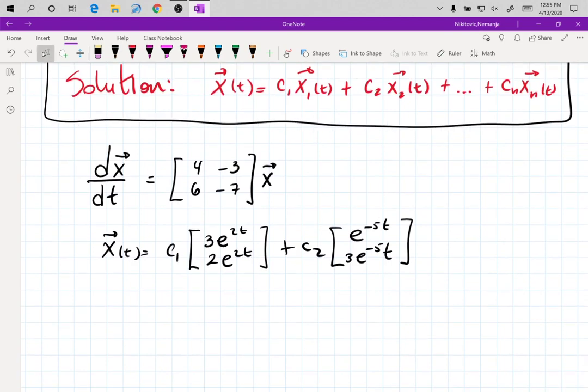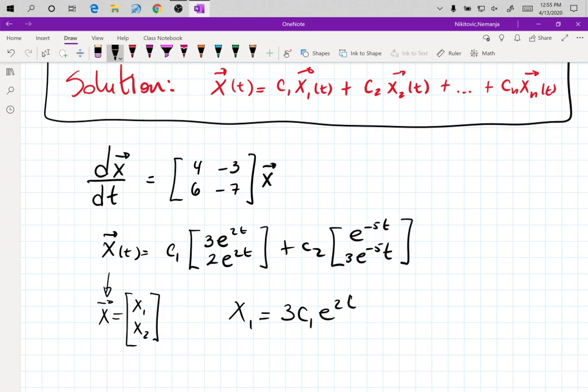And you can write this one, because this thing is the x1, x2 vector. You can write this as x1 is equal to 3c1e to the 2t plus c2e to the -5t, and x2 equals 2c1e to the 2t plus 3c2e to the -5t.